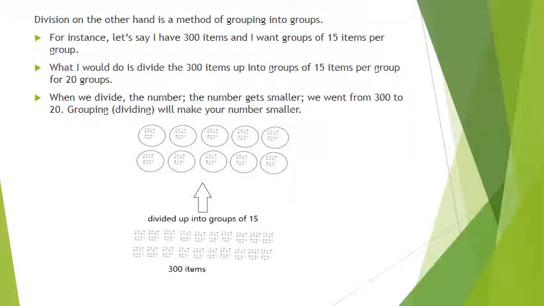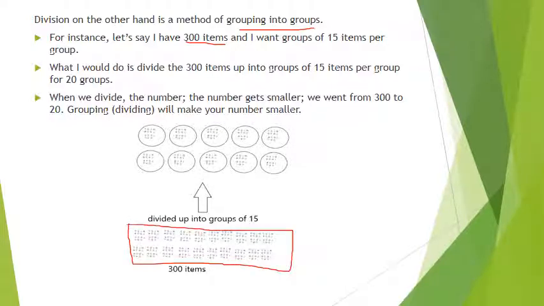Division, on the other hand, is a method of grouping into groups. Let's say I have 300 items and I want groups of 15 items per group. The way I would do this is take these 300 items and divide them up into groups of 15.